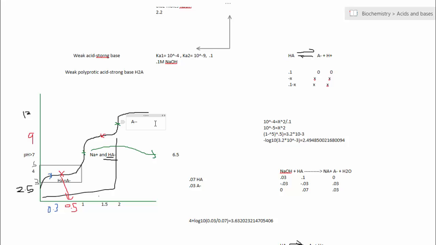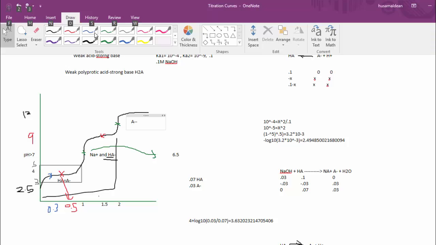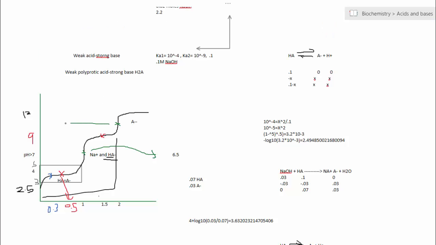Okay, from there we can calculate it as any weak base in a solution. And it will have a value of 11 here. Okay, so this has a value of 11.